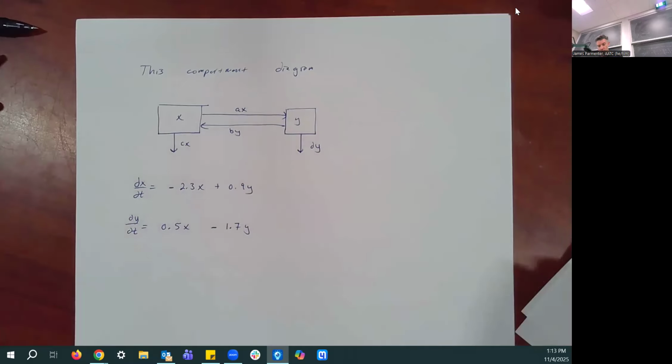And our job is to find the values of A, B, C, and D that make this situation work.